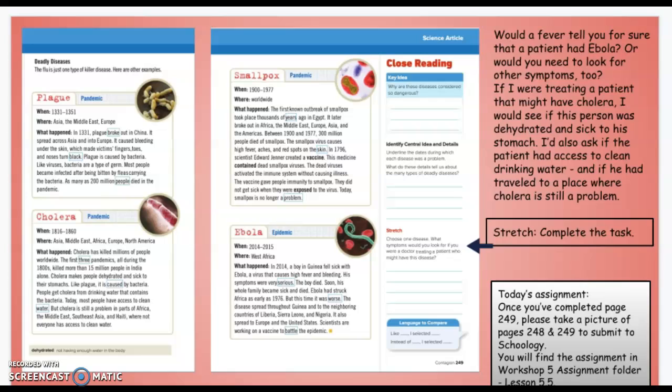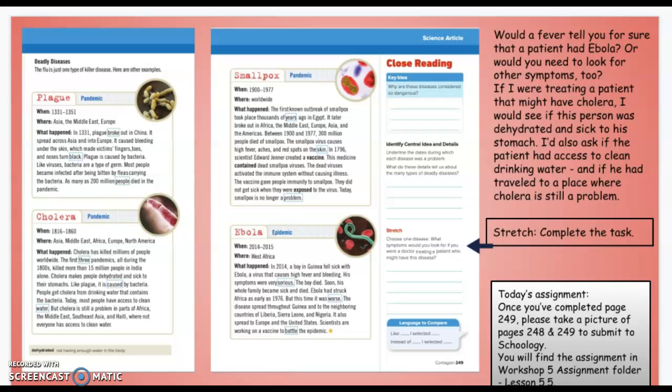I'd also ask if the patient had access to clean drinking water and if he had traveled to a place where cholera is still a problem. Do you notice how I looked at what those symptoms were? What were the symptoms of that disease? And I could ask the patient if he had any of those symptoms to determine if he truly had cholera for that disease or that sickness.